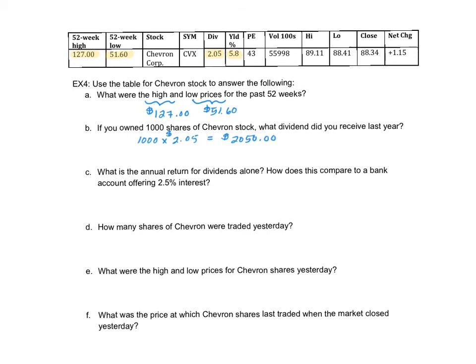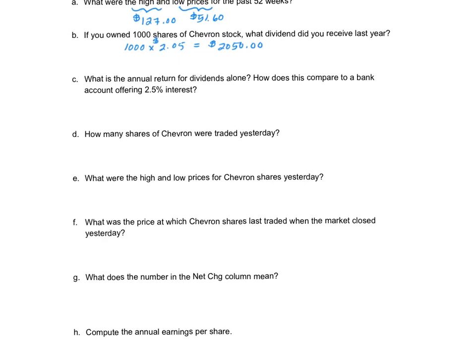So the annual return is 5.8%. That's very high, actually. How does that compare to 2.5%? Well, the higher the yield percent, the better the investment, the more money you make. So I'm just going to write much higher, which is good.